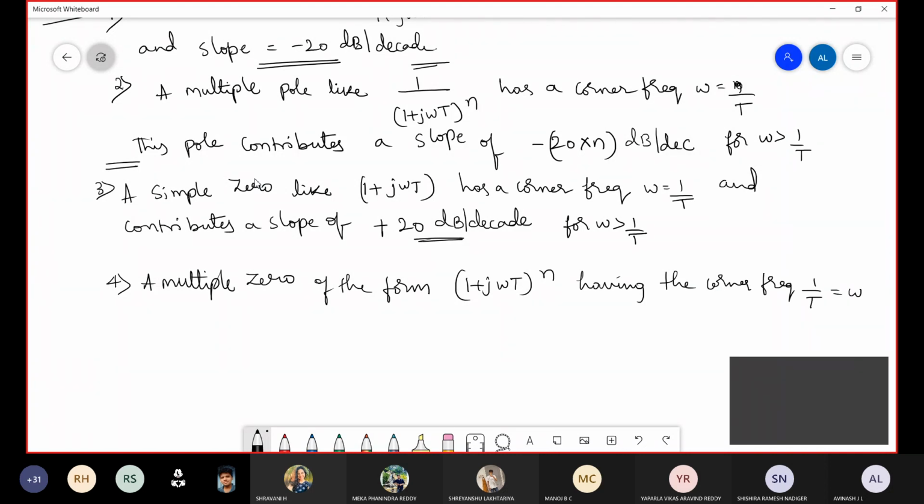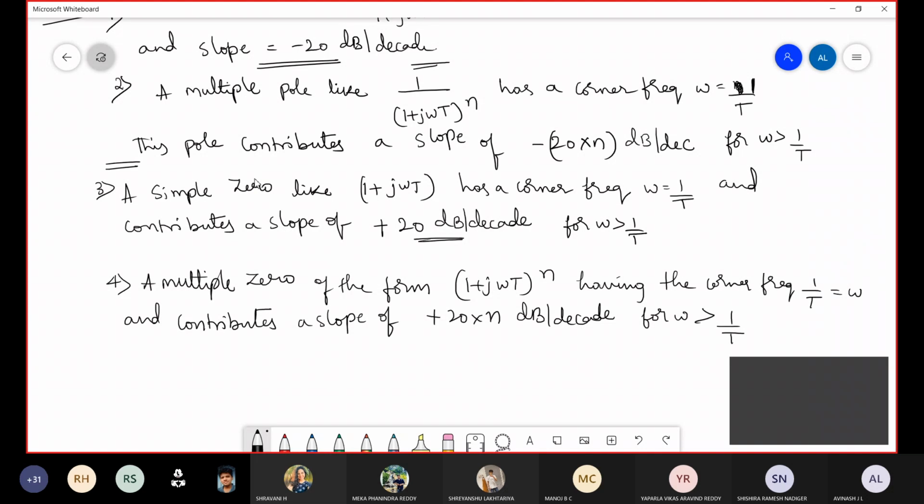So here it is 1 by t only, not n by t. Only n is multiplied with the slope, not with the corner frequency, because the position is the same. It contributes a slope of plus 20 into n dB per decade for omega greater than 1 by t.